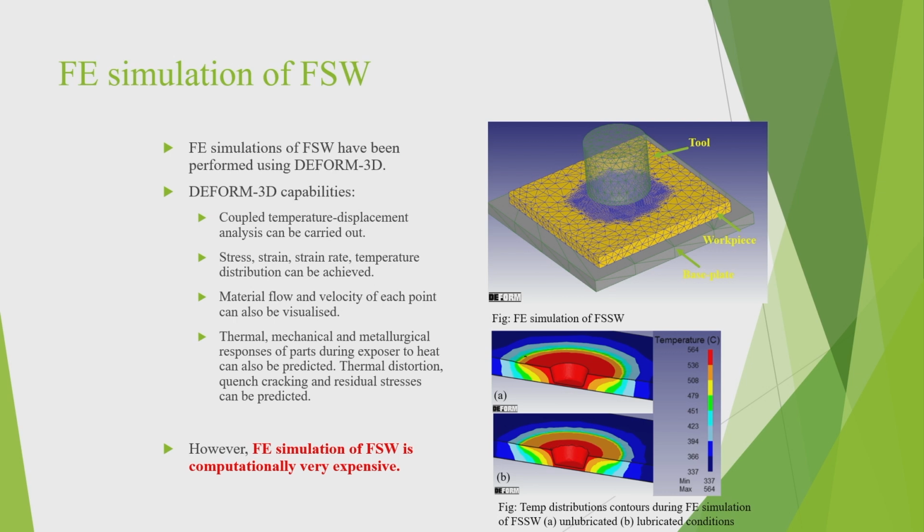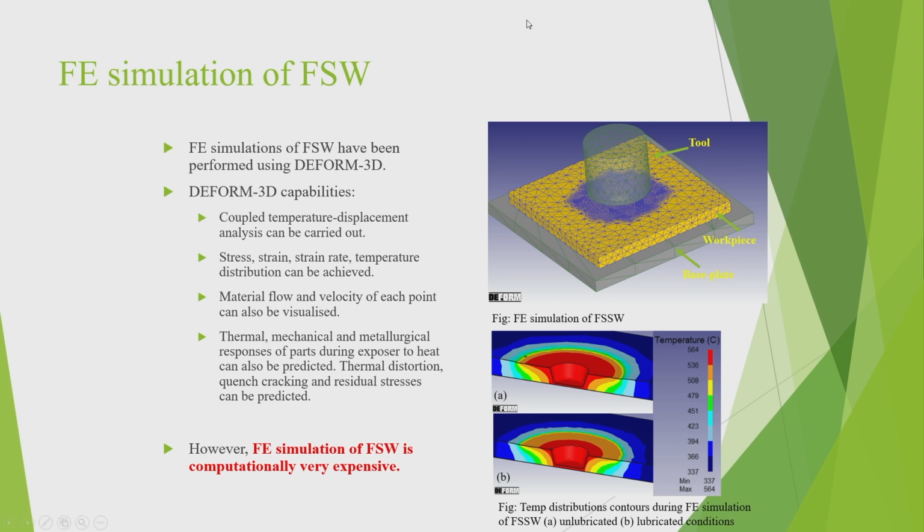We can obtain stress, strain, strain rate, temperature, material flow, and the velocity of each point can also be visualized. So, we can get details. Thermal, mechanical and metallurgical responses of parts during exposure to heat can also be predicted. Thermal distortions, quench cracking and residual stresses can be predicted.